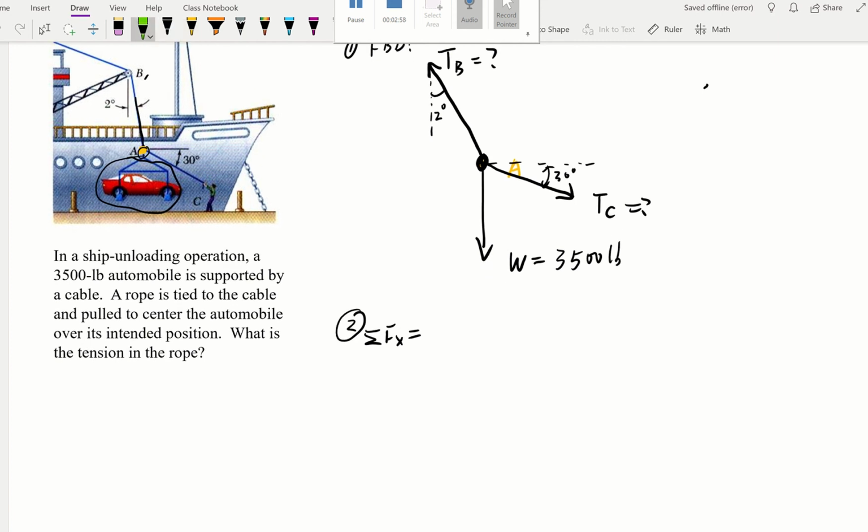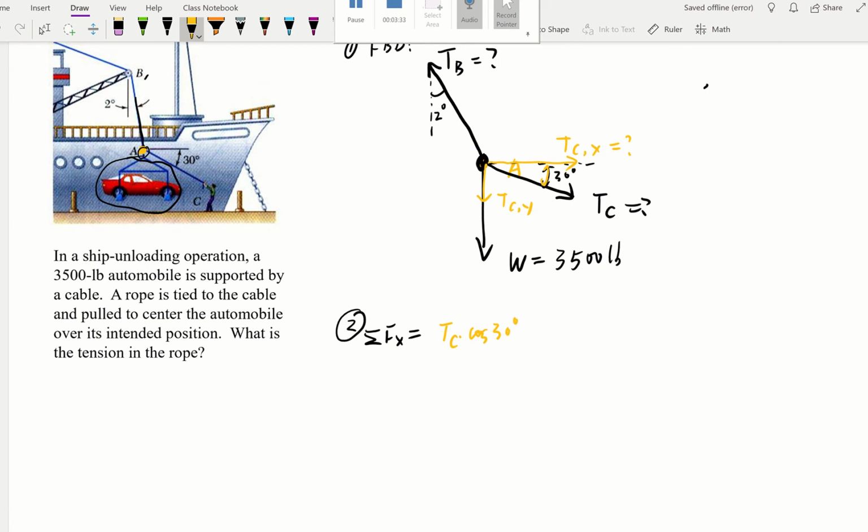If I try to figure out the x and y components on this FBD, this is my TCx, and this is my TCy. What is the x component equal to? It's adjacent to 30 degrees, so it's going to be cosine. That's TC cosine 30 degrees, and it's pulling to the right, so it's positive.